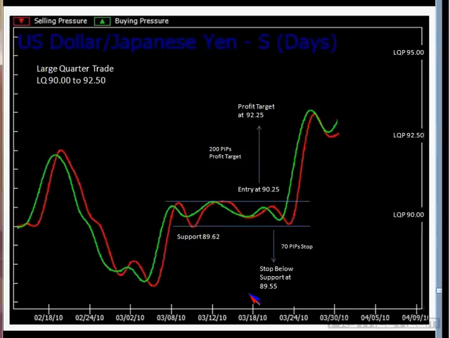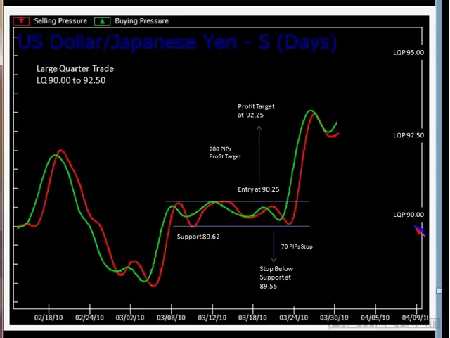Because a lot of you asked for charts, let me give you one of the most recent examples here. Dollar against the Japanese yen. This is a daily chart and an example of a large quarter trade.